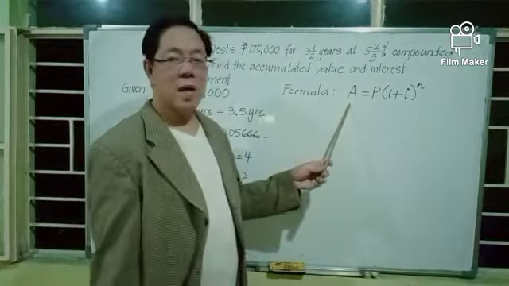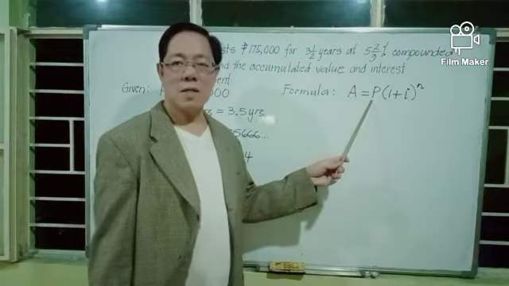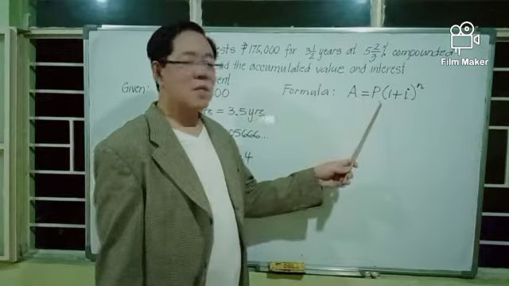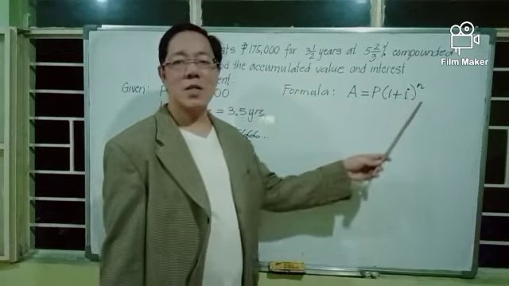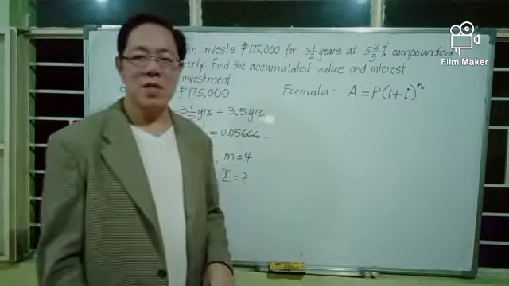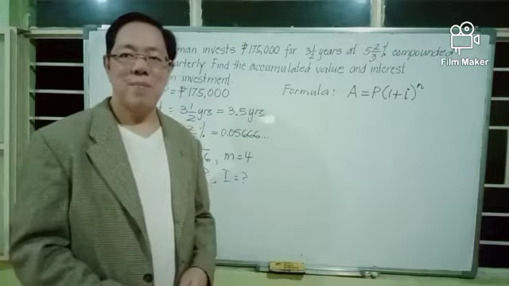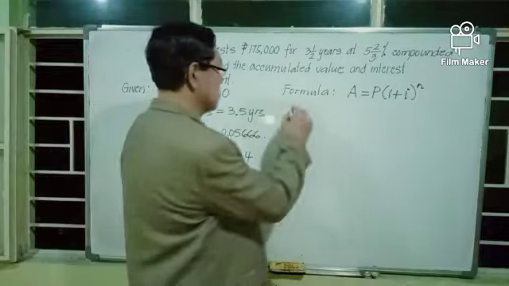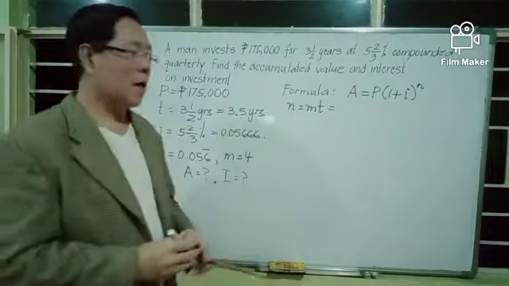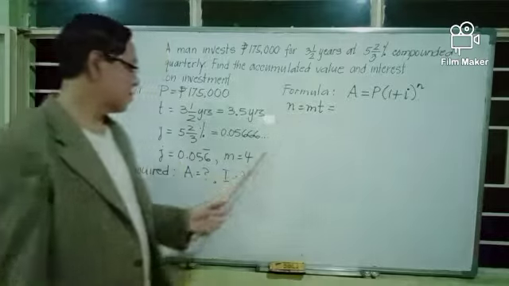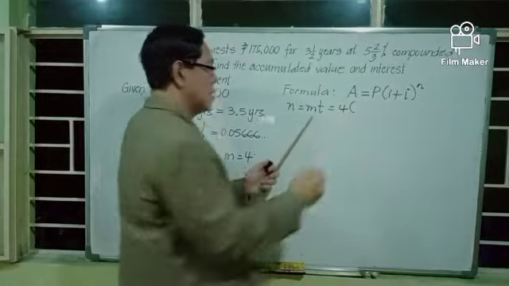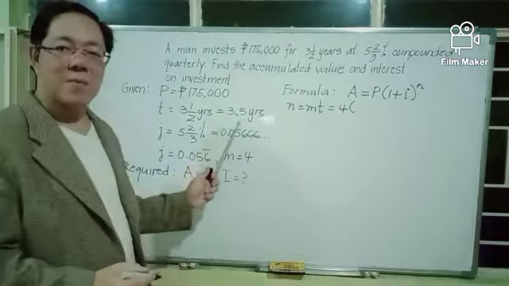The accumulated value of the principal P at compound interest rate is denoted by A and is given by P times quantity 1 plus i to the power n, where n is the number of conversion periods, and n is given by the following formula. n is equal to m multiplied by t, where m is 4 and our time is 3.5 years.